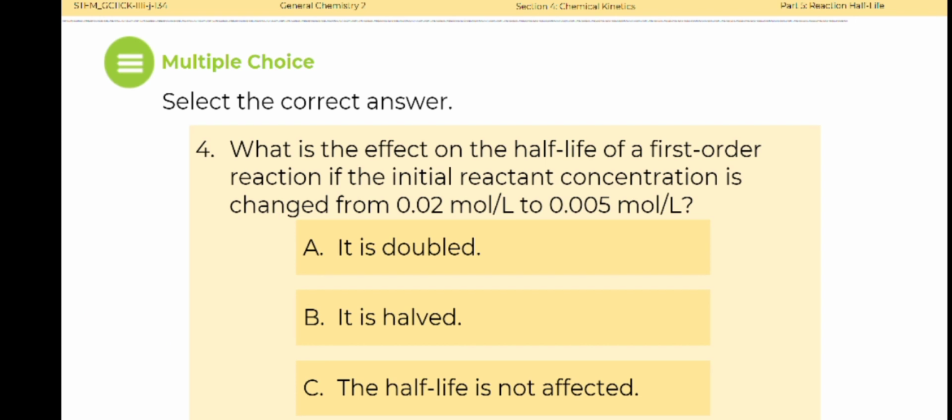What is the effect on the half-life of a first-order reaction if the initial reactant concentration is changed from 0.02 moles per liter to 0.005 moles per liter?